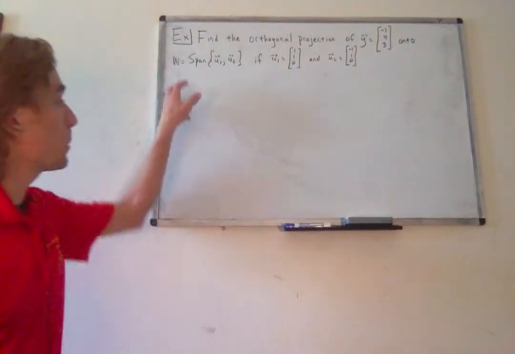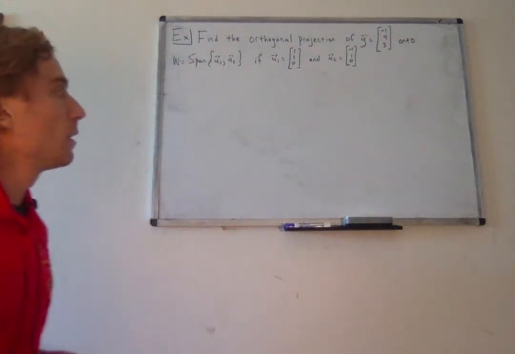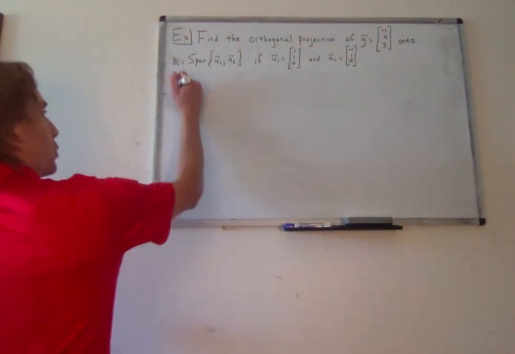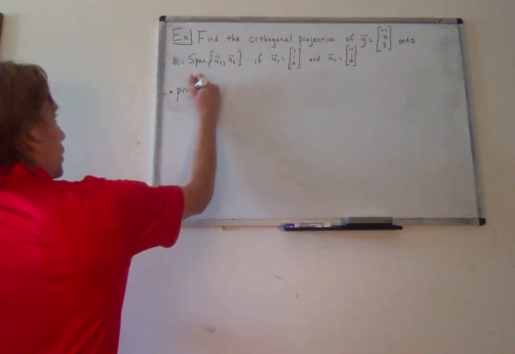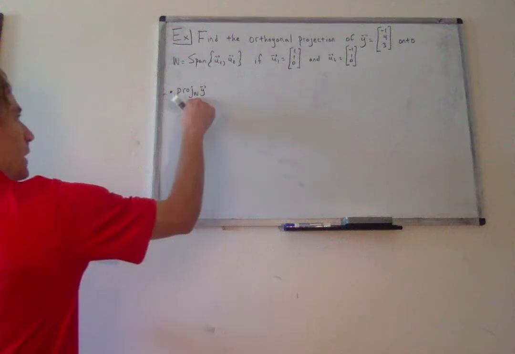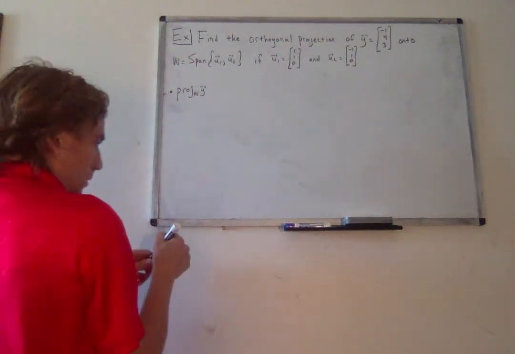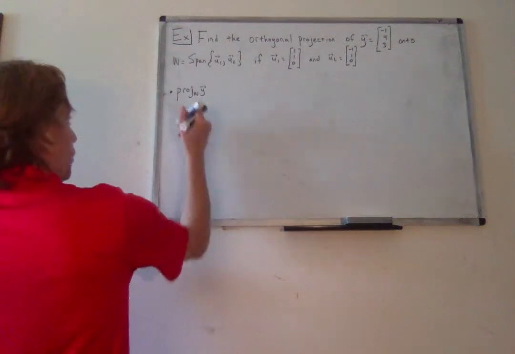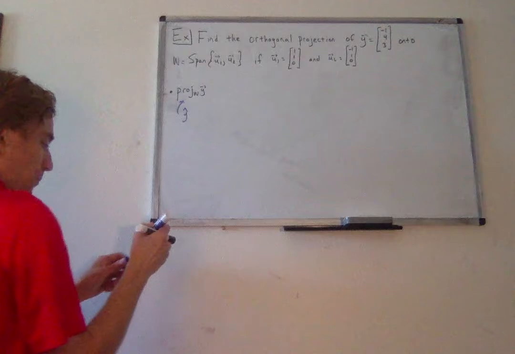We're given this subspace W spanned by vectors u1 and u2, and we want to find the orthogonal projection of y onto W, which is usually denoted projection of y onto W. In the orthogonal decomposition theorem, this is the vector y hat.